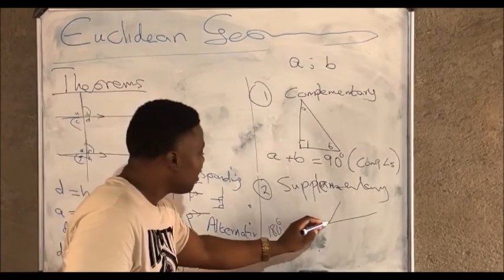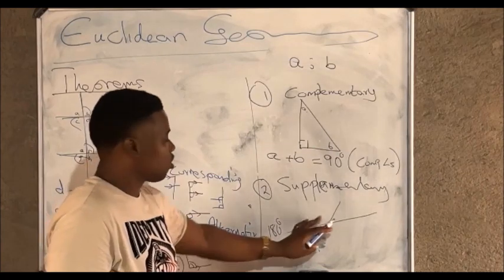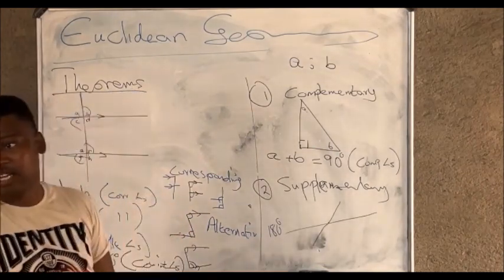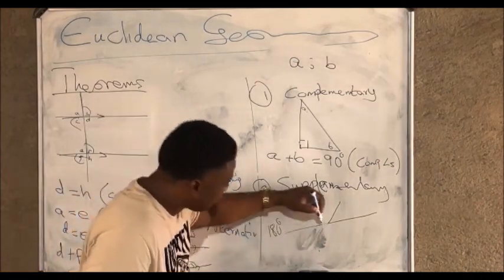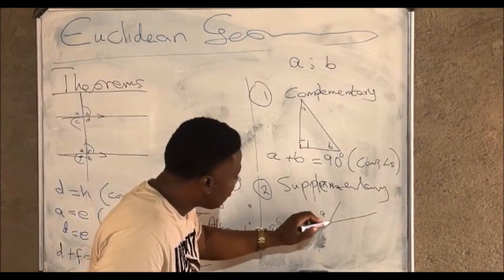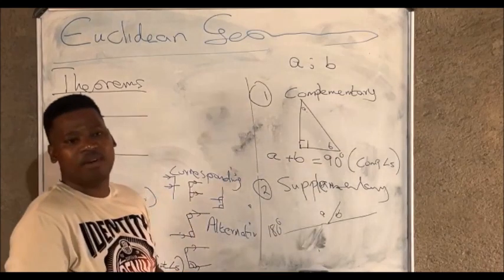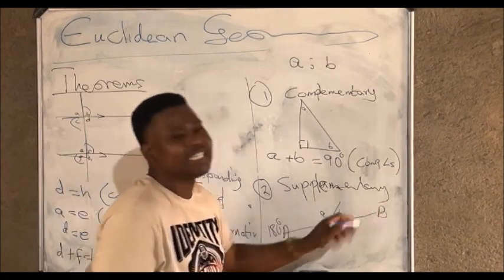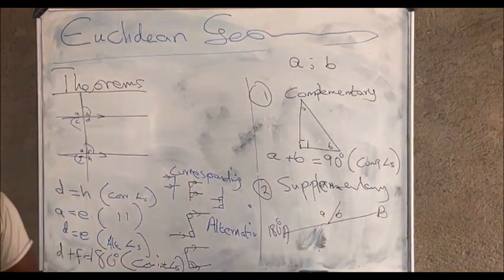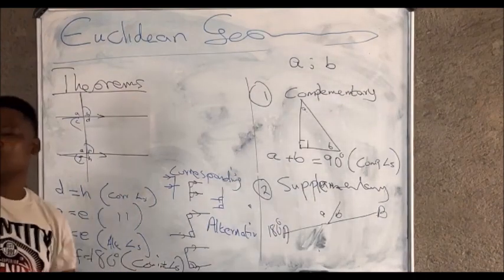Now we have a straight line like this, but the line can continue like this. Then you have one angle A and one angle B. As long as it is a straight line, be careful, because sometimes it's not a straight line and you cannot use these properties.